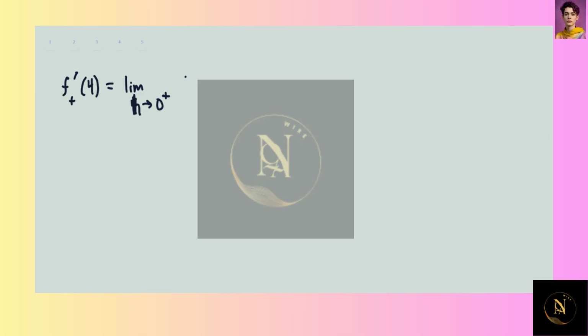Everything else is the same. So once again, f of 4 plus h minus f of 4, all over h. Once again, it's important that h is approaching 0 from the right. This means h will be greater than 0, and that means 4 plus h will be greater than 4.